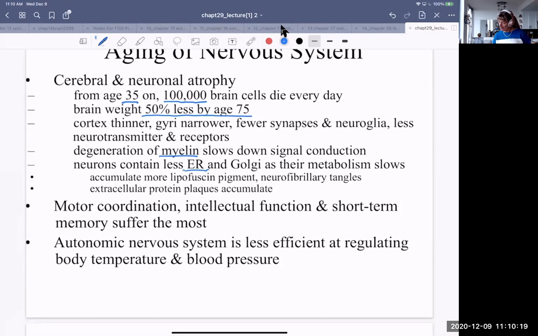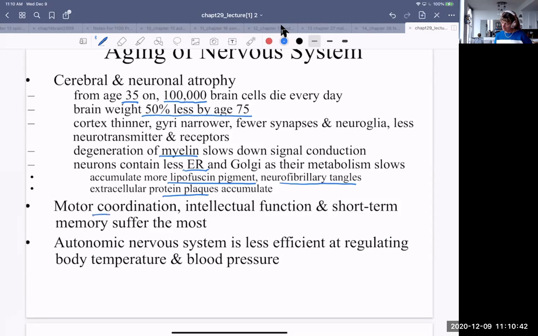They accumulate more lipofuscin pigment that occurs with the digestion of organelles, there can be neurofibrillary tangles and protein plaques that accumulate during this time. And those are two things that contribute to Alzheimer's.